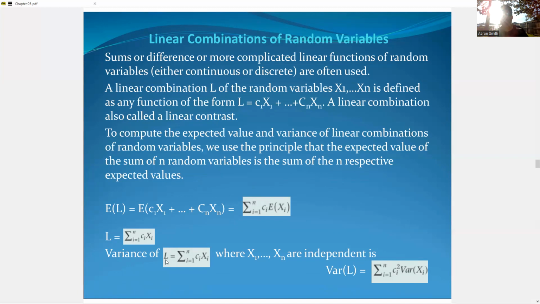And now, if all the random variables are independent, then figuring out the variance is relatively easy. The variance of the linear combination is equal to the sum of the variances of the random variables times their coefficients squared.